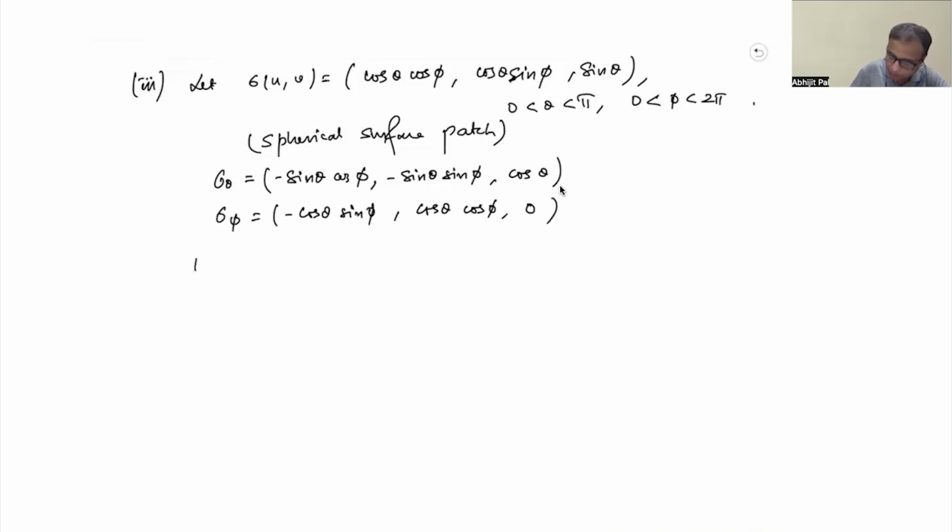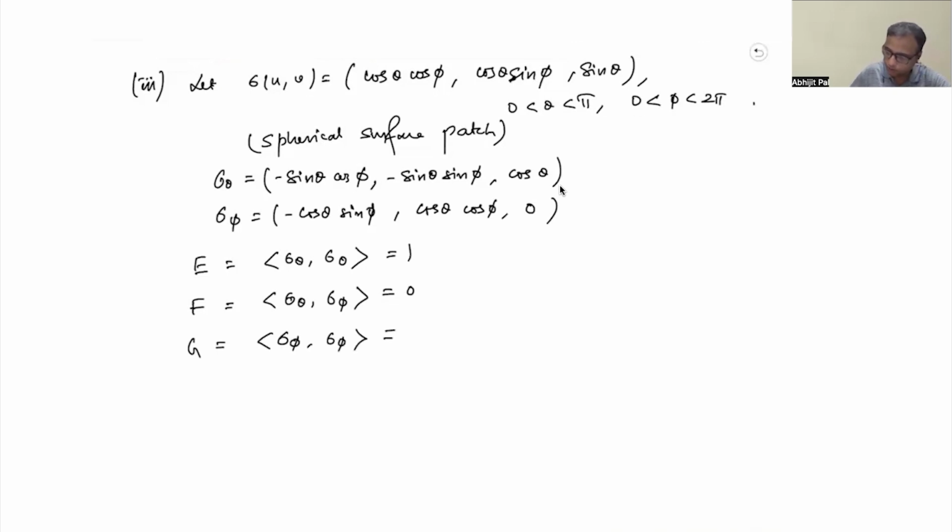And now if I compute this E, which is the inner product of sigma_theta with sigma_theta, this will turn out to be equal to 1. F, the inner product of sigma_theta with sigma_phi, will turn out to be equal to 0. G, the inner product of sigma_phi with sigma_phi, is equal to cos square theta here.